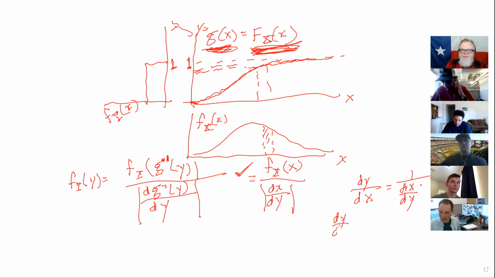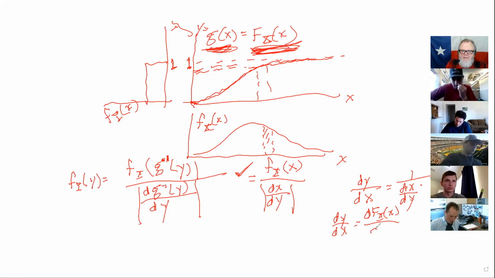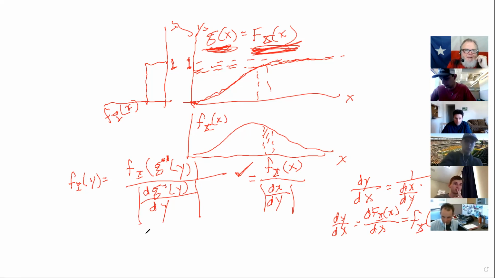Dy dx is nothing more than d sub f sub x dx, which is equal to the density function, of course, right? But the way to work this is you can't apply the formulas. But one of the cool things to do is to literally, let me erase this.